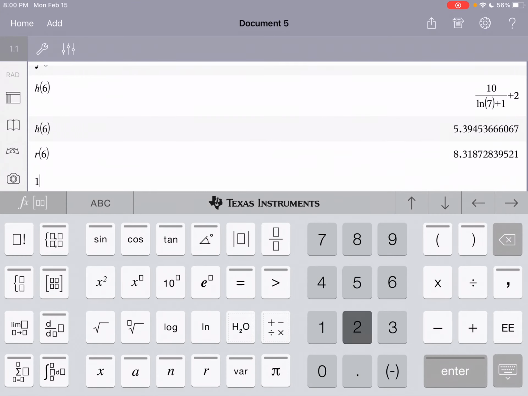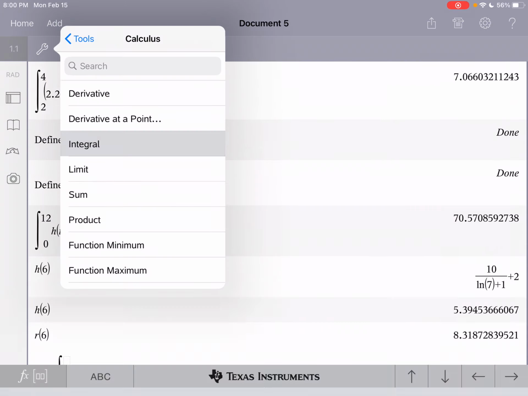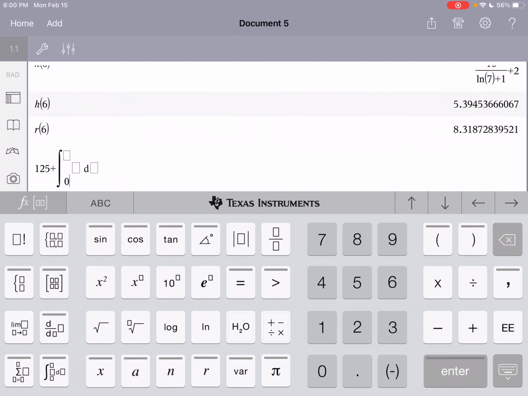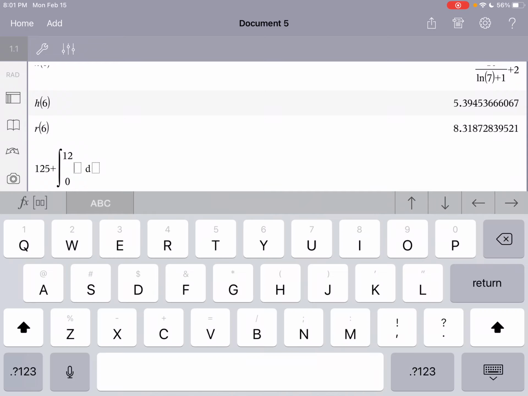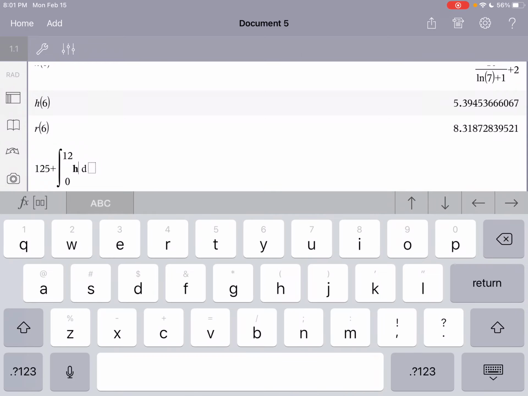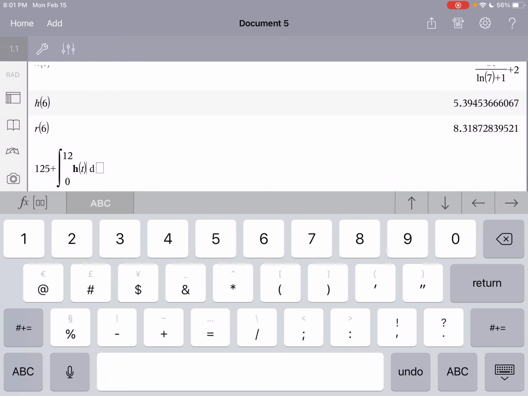So we're going to begin with a 125. We're going to add to it a definite integral here. All right, starting at 0, ending at 12, and the integrand now is going to be our input function, which was h of t. Okay, got it. And actually, I can keep going here from the keyboard, can't I?